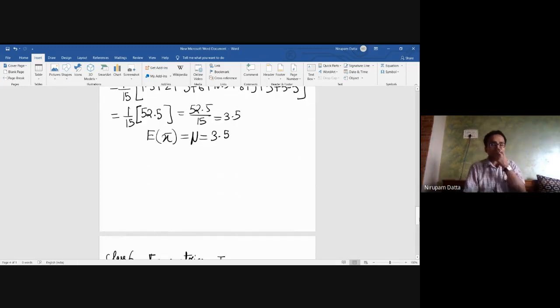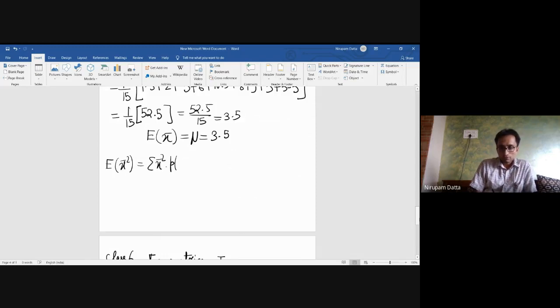Now we'll have to find what? Sample variance of the sample mean. So for that you have to find one more term, that is E of x bar square. This is nothing but summation x bar square into P of x bar.